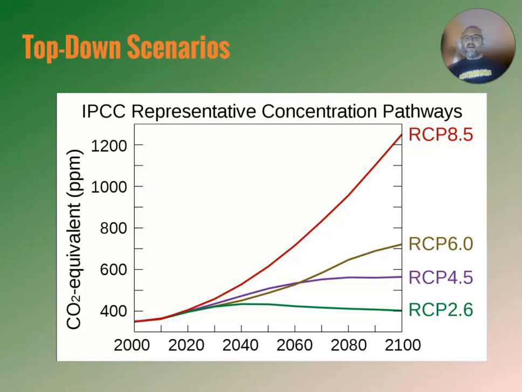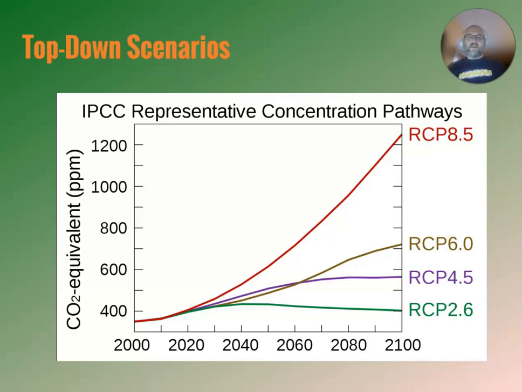So that is the amount of carbon dioxide plus all of the other greenhouse gases times their global warming potential, right? So we're converting X amount of methane, well, that's equivalent to 28 times that amount of CO2. So we convert everything into terms of carbon dioxide so that we can have a single number there.